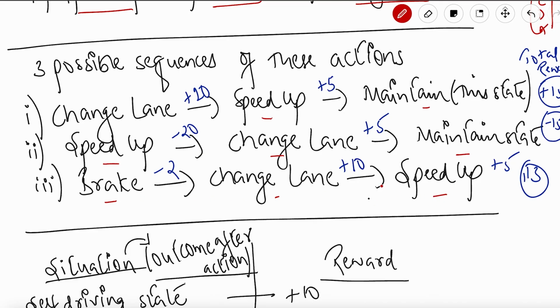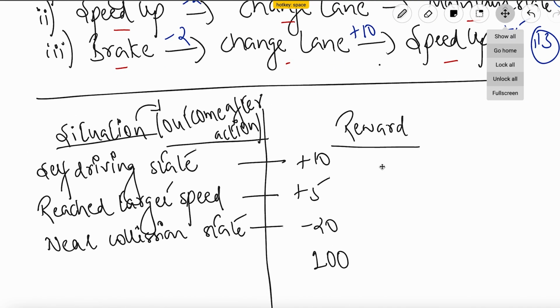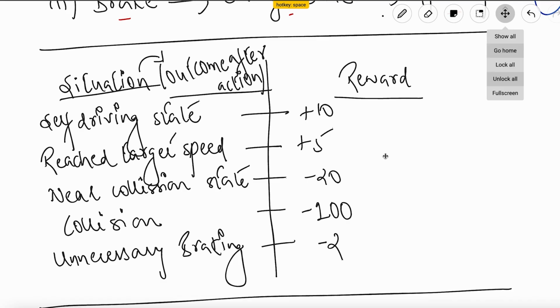Now which sequence should the agent decide? So here comes the reward situation. A situation is the outcome of any action. If we are changing lane, that's a new situation. If we are applying brakes, that's a new situation. If we are speeding up, that's a new situation. So the outcome of every action is assigned some reward here.